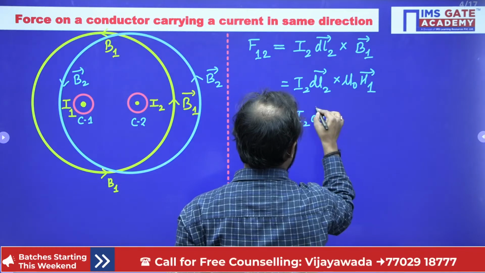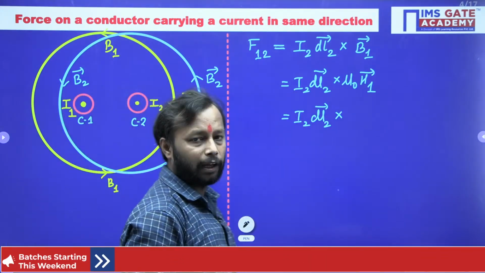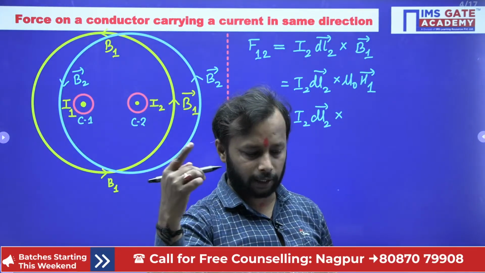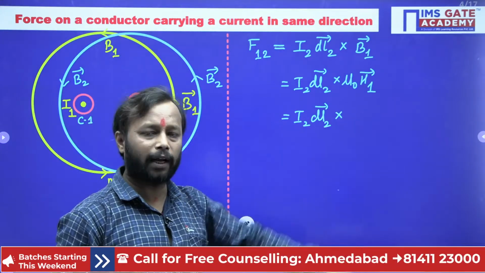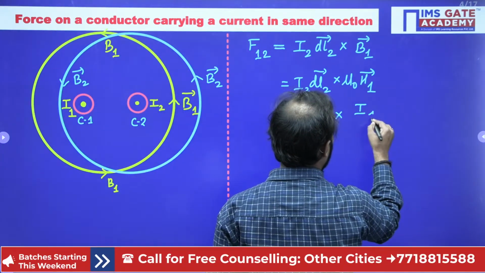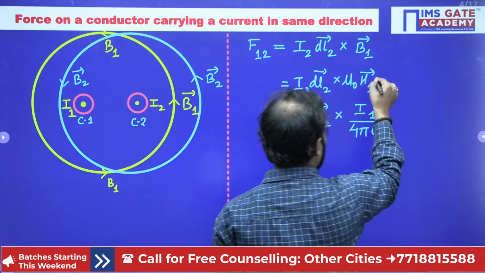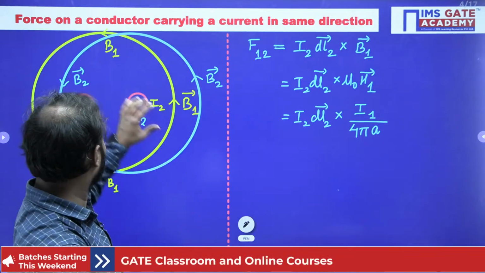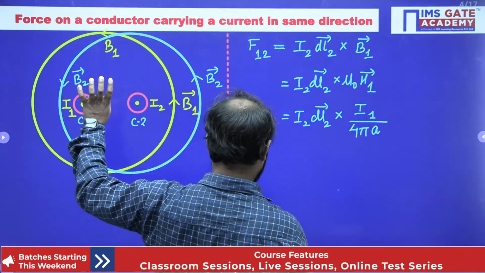This we have seen in the magnetic field density. H1 is the magnetic field strength, and it is given by the current I1 divided by 4 pi A. This is the magnetic field strength of conductor 1.